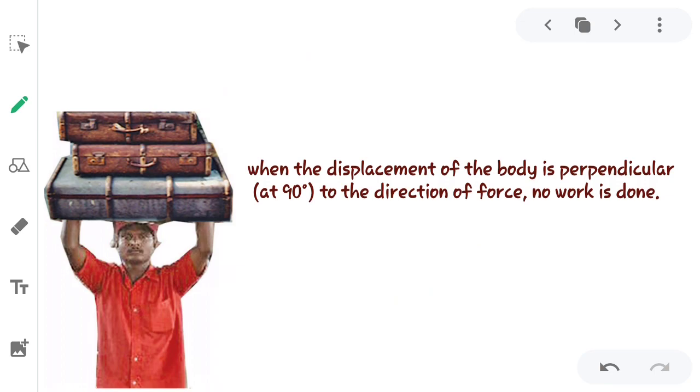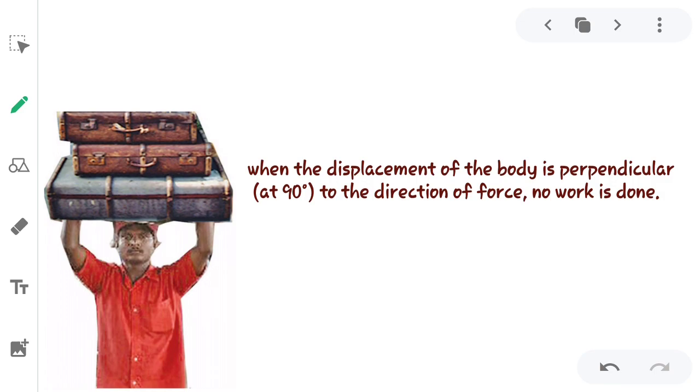Here the direction of force, in which he is applying force, is towards his head, and the direction of motion is quite different. He will keep the luggage on his head and then he will move forward. What will theta become? Here the angle will become exactly 90 degree.